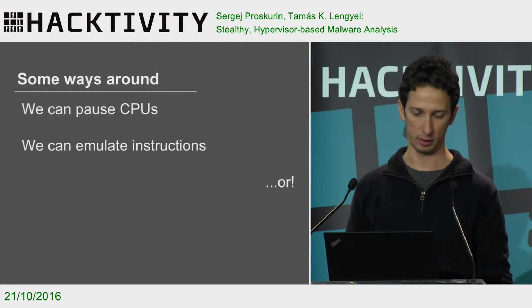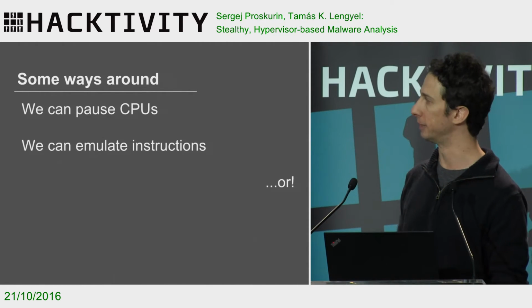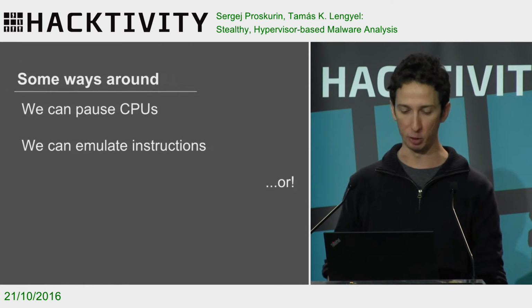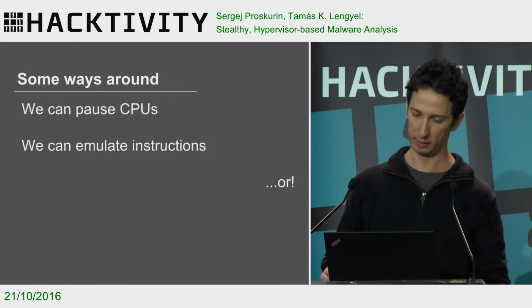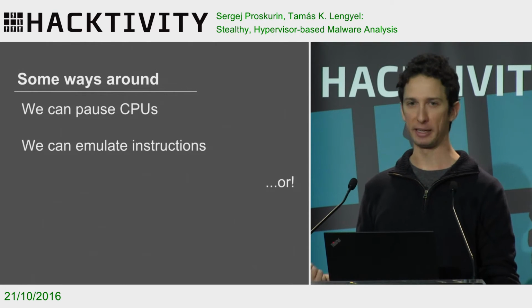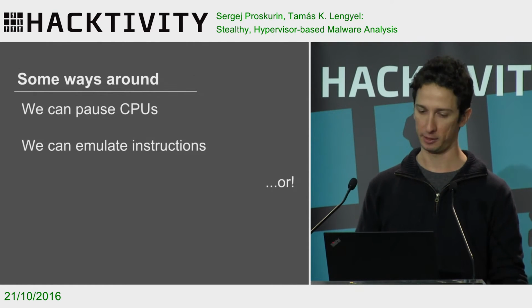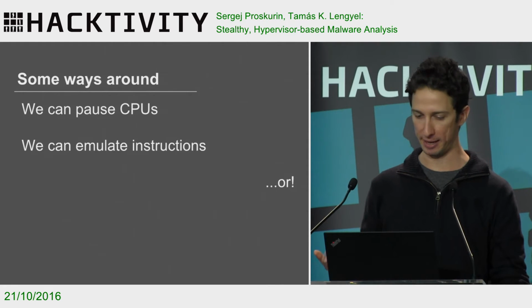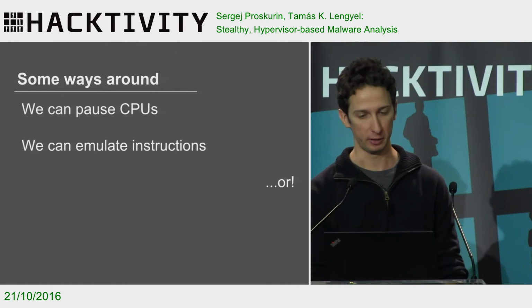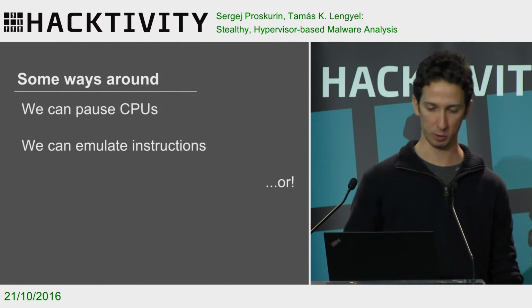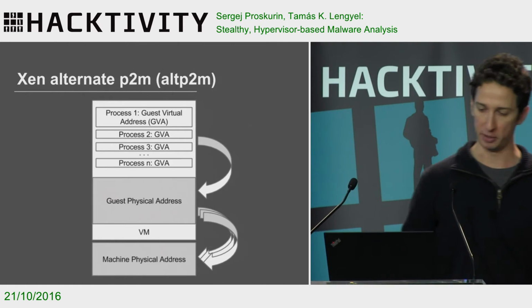There are security vendors building on top of this emulator to do security monitoring, but I'm not a big fan of emulation. It's been probably the biggest weakness in hypervisors, and if we can avoid using it, that's the best. So there's this alternative system that I'm going to let Sergej introduce, because he has been spending quite some time now working with this.